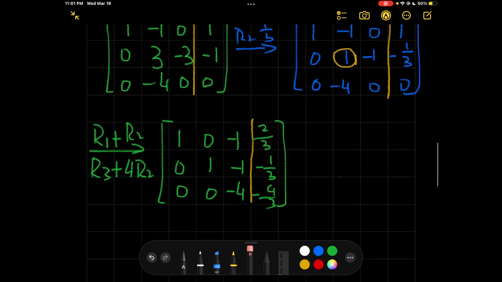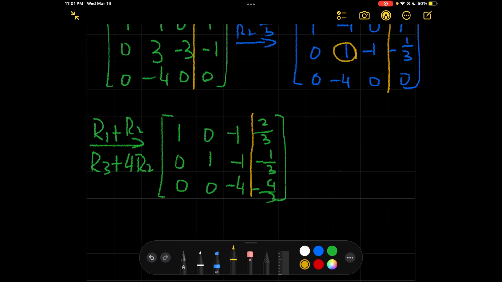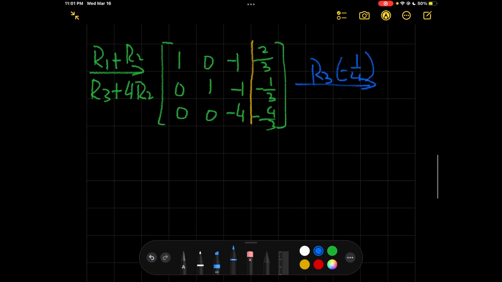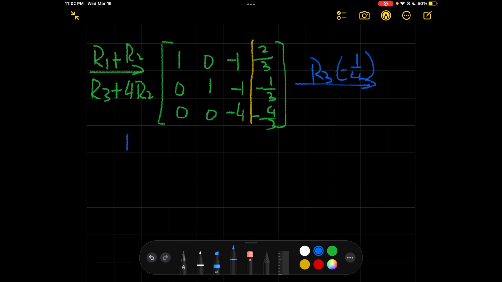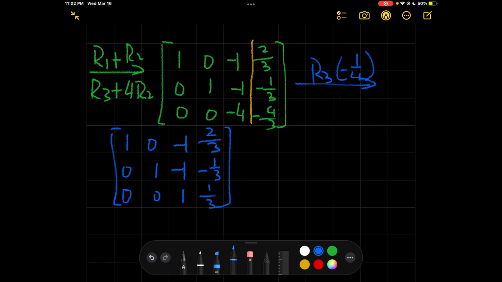And now we need to isolate the third row, which I can do with row 3 times negative 1/4. What we have is 1, 0, negative 1, 2/3, 0, 1, negative 1, and row 3: 0, 0, 1, and 1/3. Okay, very close.